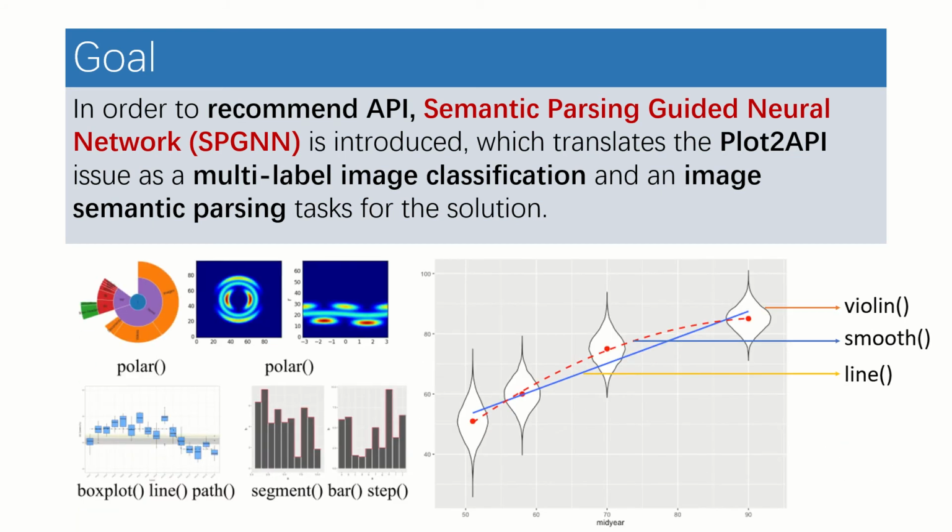Although the Plot2API issue can be deemed a common multi-label image classification, it is very challenging due to the extremely varied appearances of the plots drawn by the same API and the unnoticed visualization functions of some subsidiary APIs, as shown in these figures.